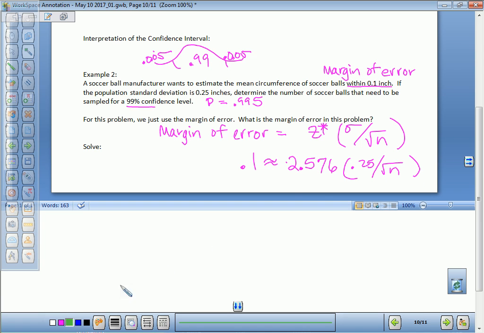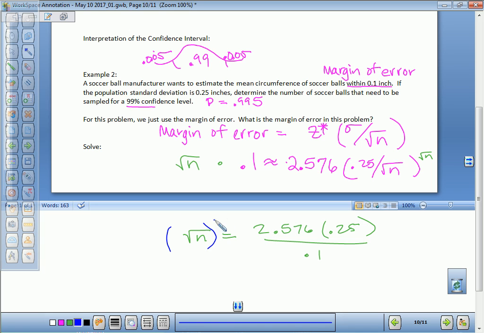So when we're solving this for n, we've got to multiply by the square root of n to get it out of the denominator, and then divide by the 0.1. And what's the last step I have to do with all this? Square it.